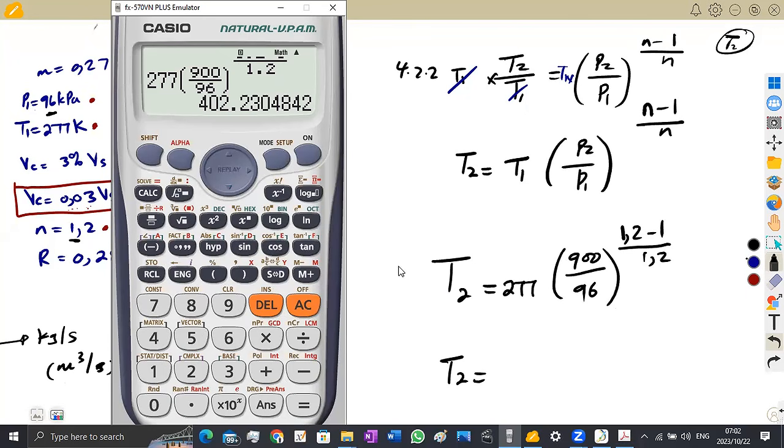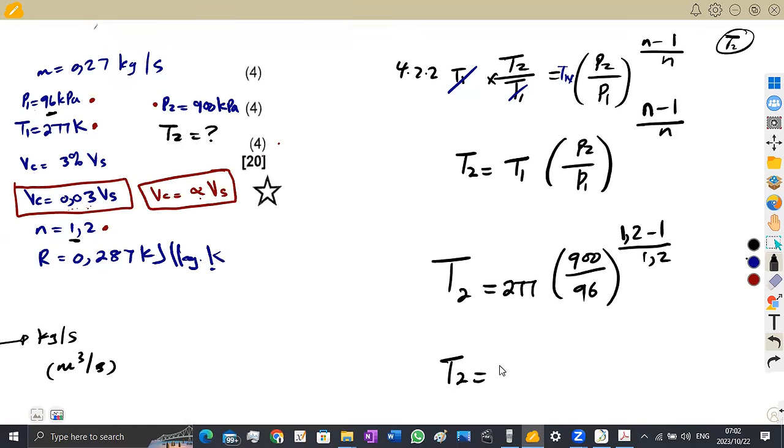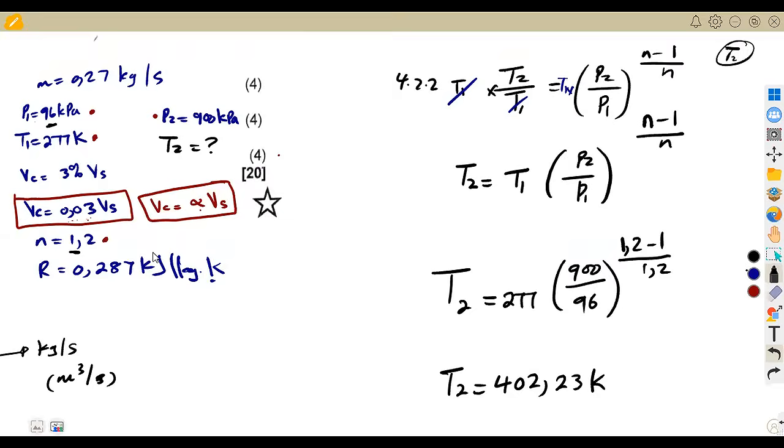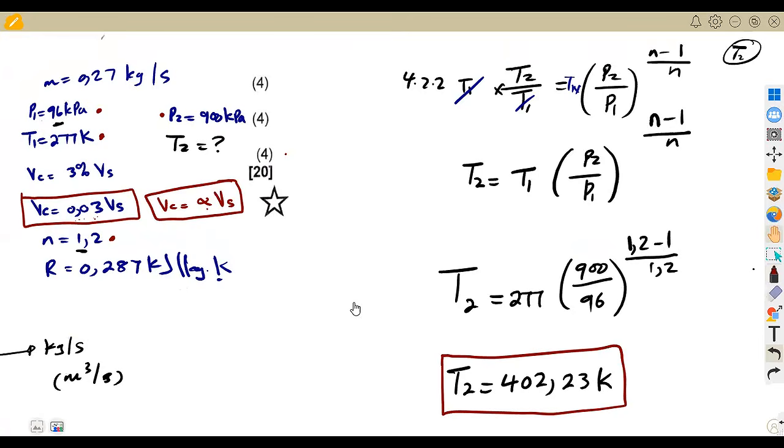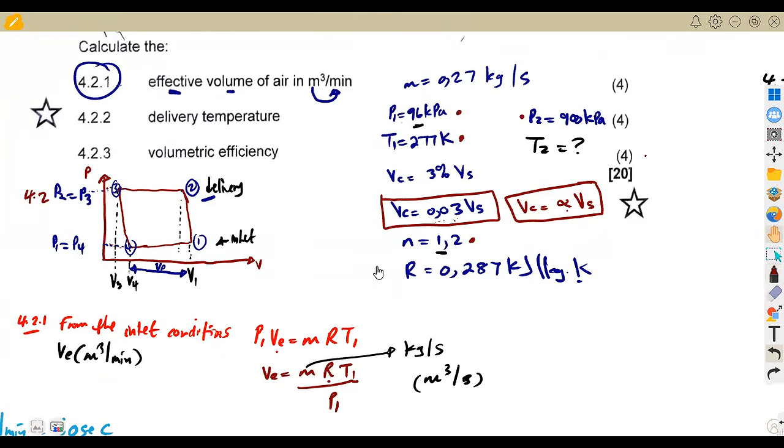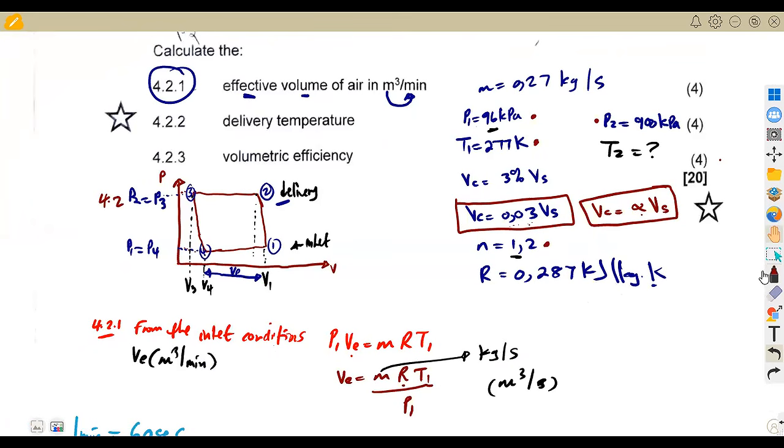So this is going to give us 402,23, and the temperature is in Kelvin in this case. All right, so that is how we could have calculated the delivery temperature. We also talked about this formula on the compressors. If you still remember this question, they do repeat it a lot of times, the delivery temperature.